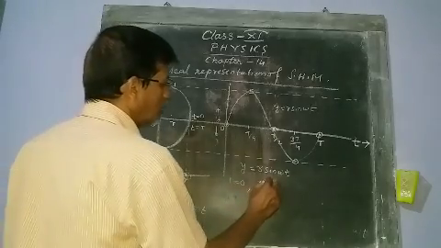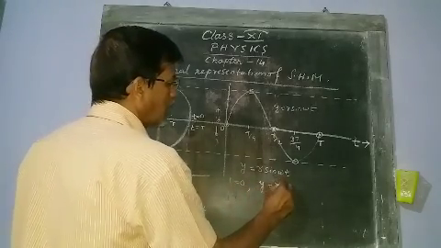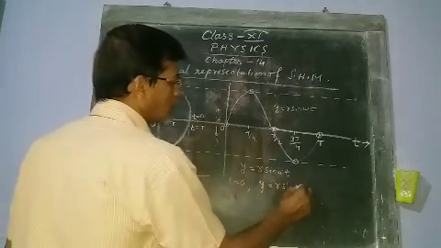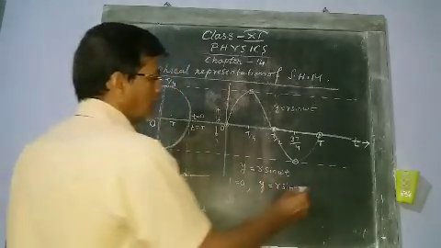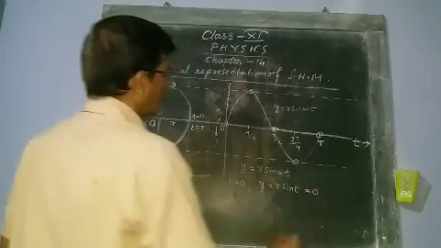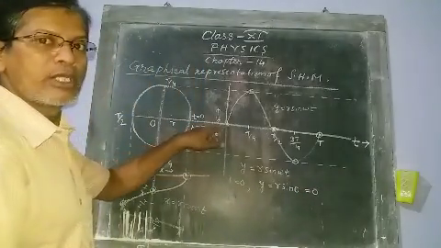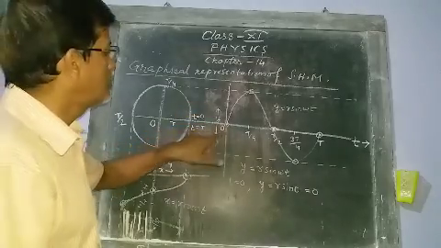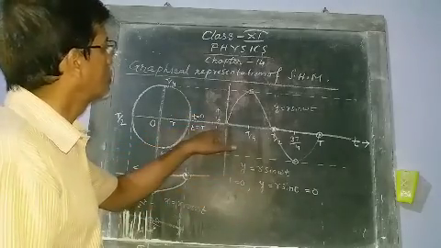Then y equal to what? We get r sin omega t with t equal to 0, so sin 0, and sin 0 is 0, so this is 0. So the position is 0.